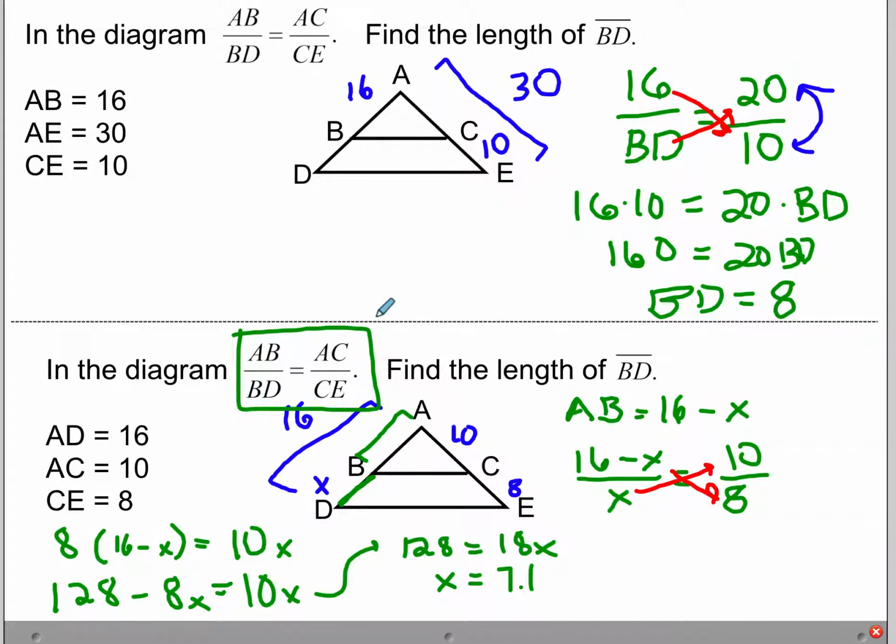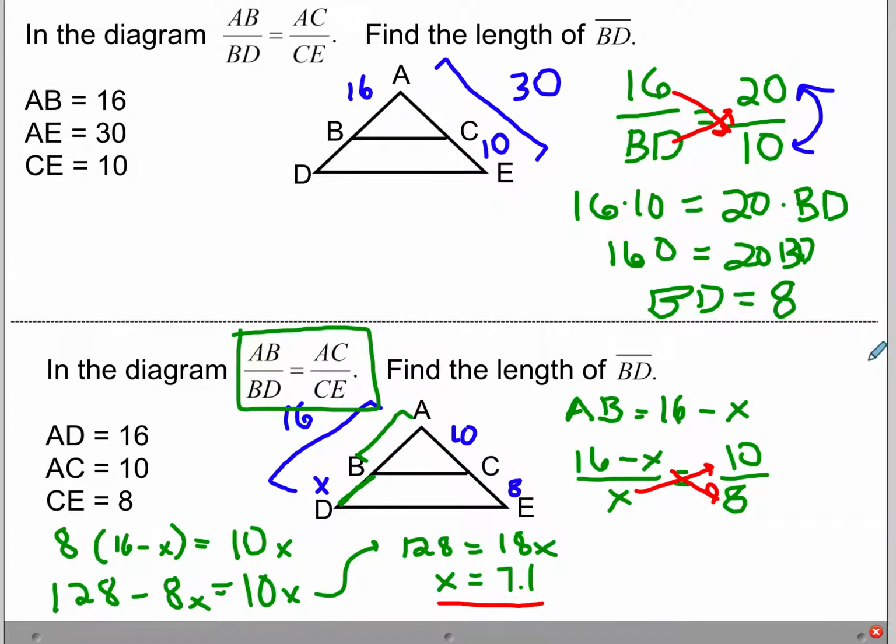And now we need to find the length of BD. Well, this is the length of BD right there, x. So sometimes just calling something x and then calling whatever's left of that side of the shape 16, or the whole length, minus that can help us solve.